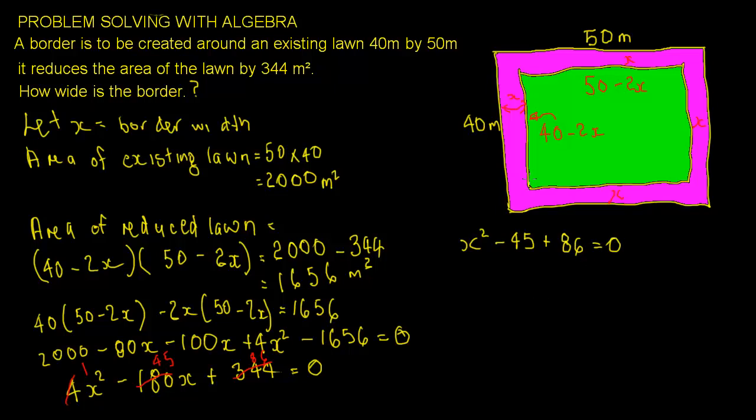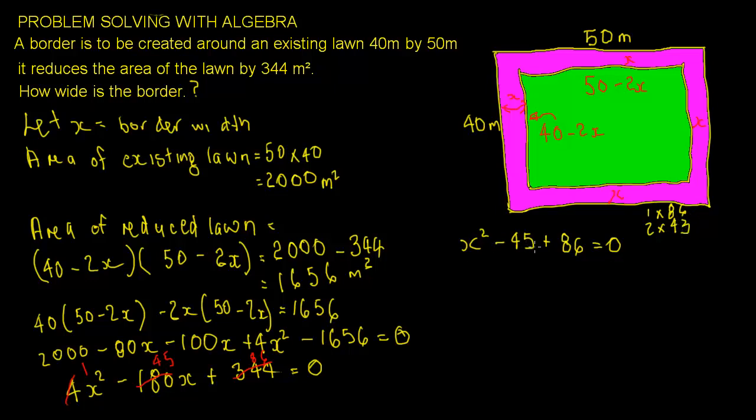Now if we look at the factors of 86, we've got 1 times 86, 2 times 43.